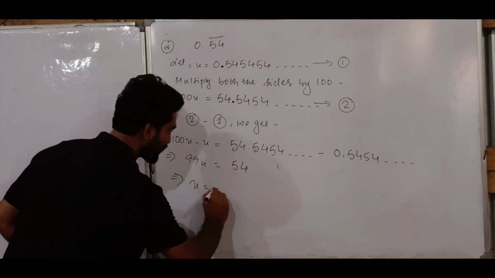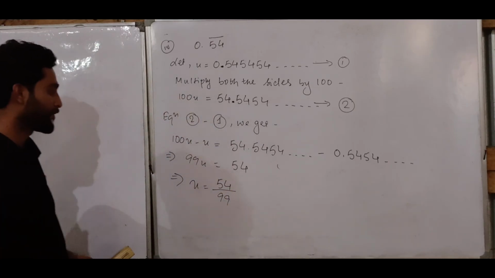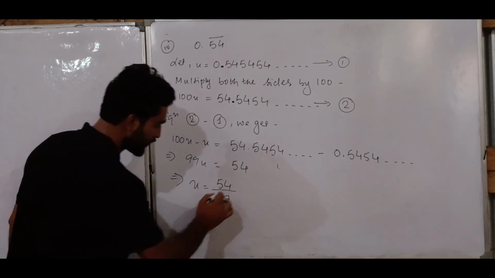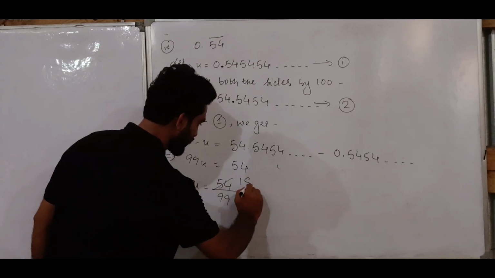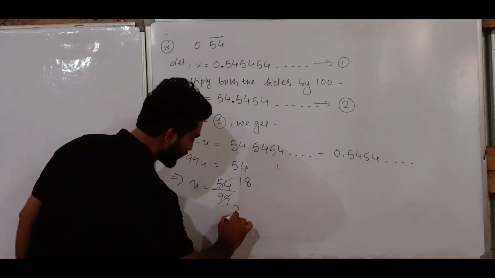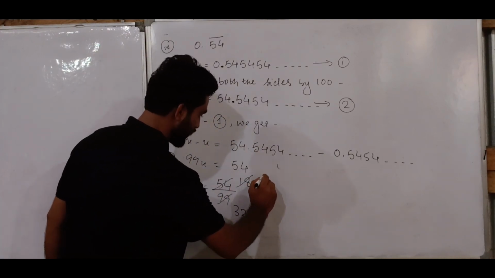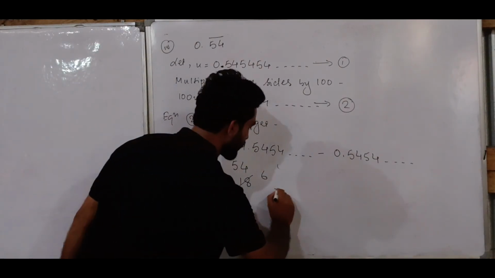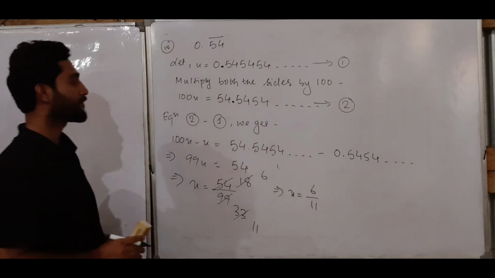So x will be equal to 54 divided by 99. So 5 plus 4 is 9, so both the numbers are divisible by 3. 3 ones are 3, 3 eights are 24. This will be 33, 3 sixes are 18, 3 elevens are 33. So what we got? We got x as 6 by 11.